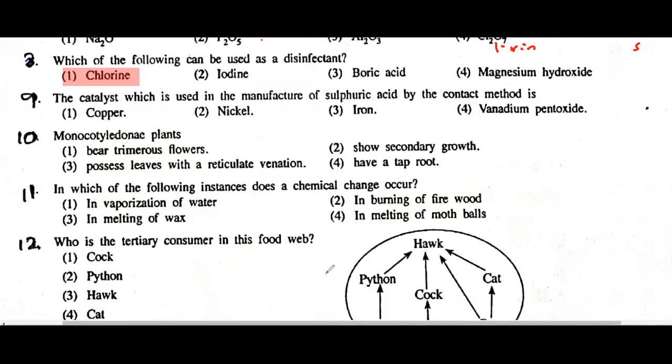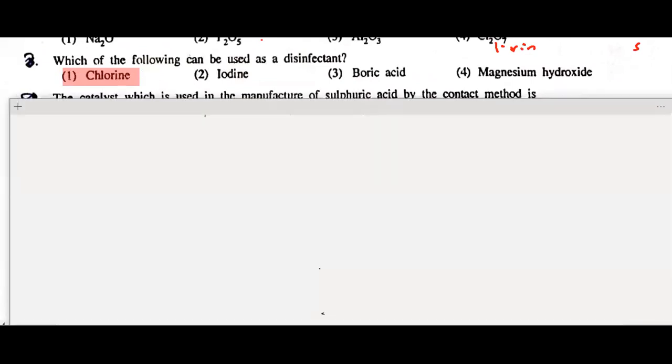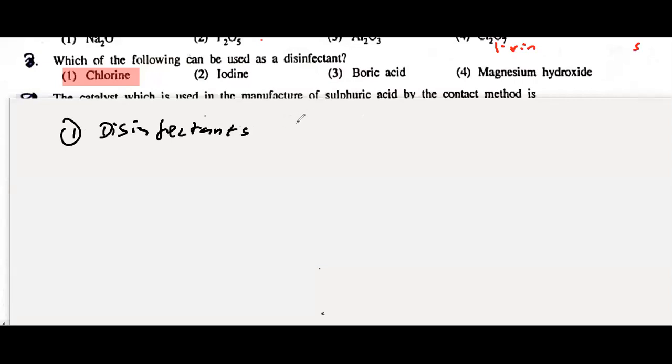Now, copy down this flow diagram, everyone. Please copy this down. There are 4 things. Number 1, disinfectants. Number 2, antiseptics.